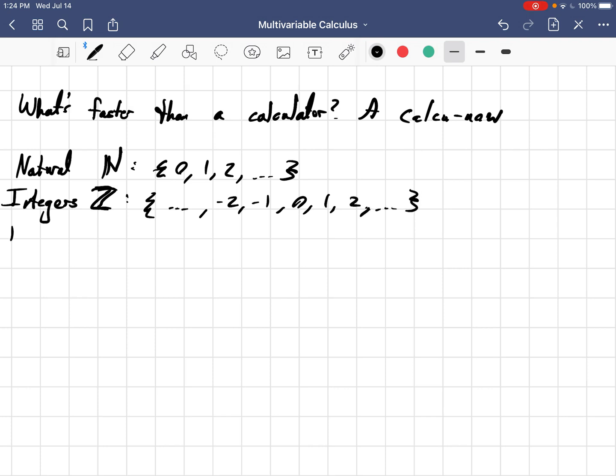We have the rationals, which is abbreviated with a Q. I don't know who came up with the abbreviations. And that's just anything of the form p over q, where p and q are elements of the integers. In other words, p and q have to be integers.